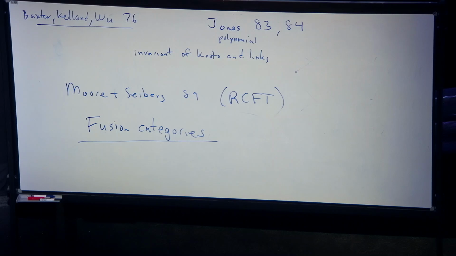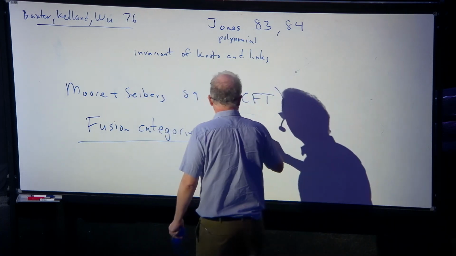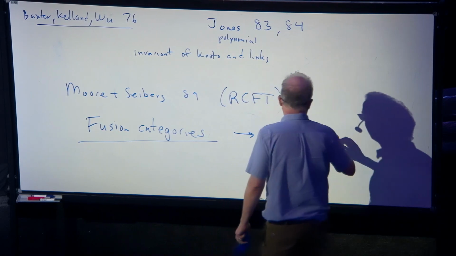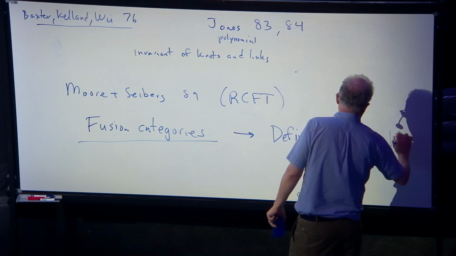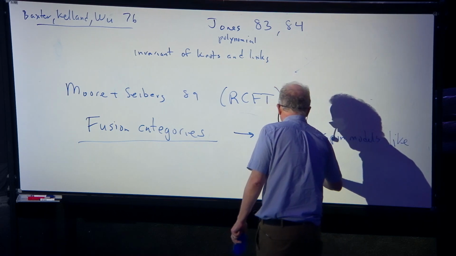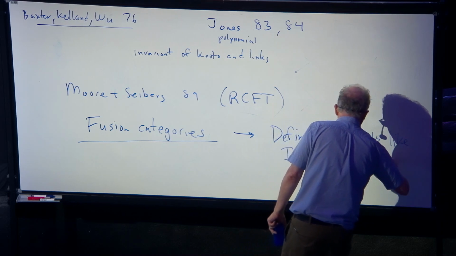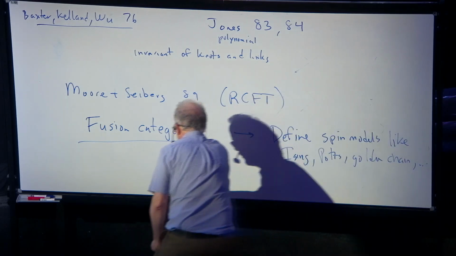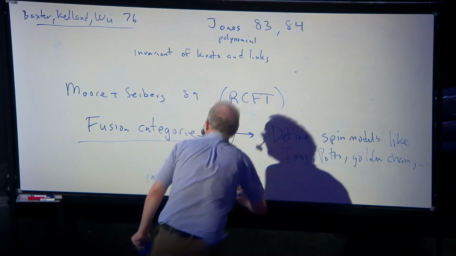The reason I'm doing this, because it's not that hard to teach you what these are, is the following. It's really a miracle. You can then define these spin models, like Ising, Potts, and I mentioned briefly this golden chain, and many, many more, in terms of data from the fusion category.